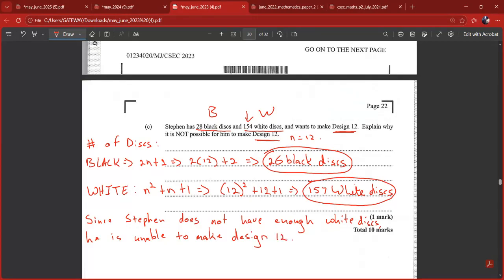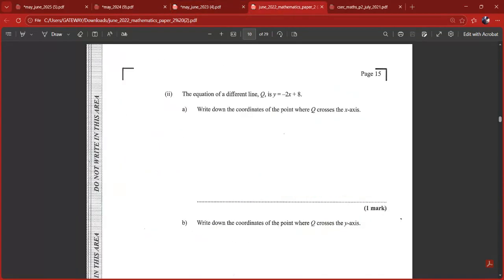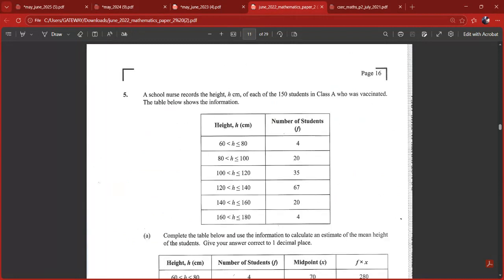And that is basically it. I mean, this is a lot of working for 1 mark, but it is what it is. So that is 2023. Now we're going on to the 2022 one.